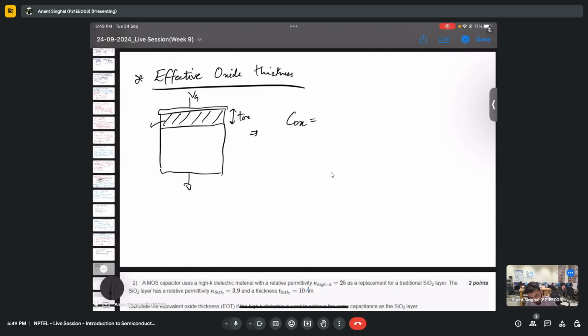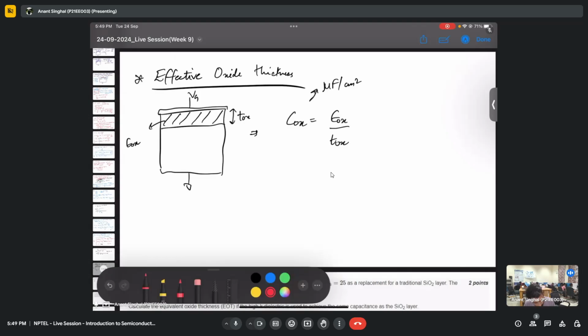Epsilon A by T. So if this is per unit area, we can write epsilon ox by TOX. It has a unit of microfarad per centimeter square, let's say. In general, we have the MOSFET oxide as SiO2.